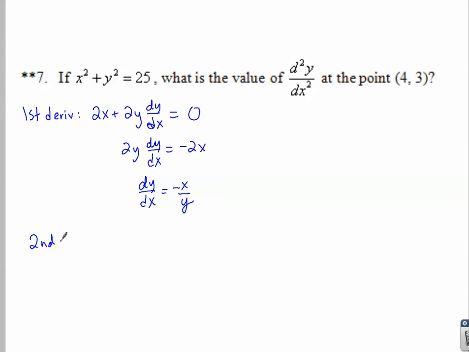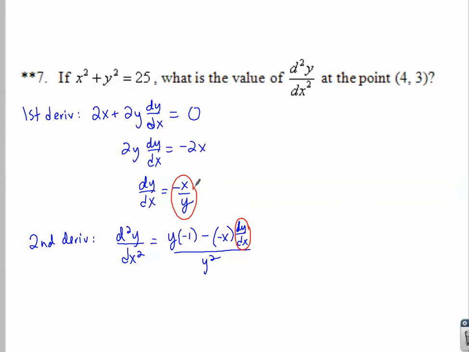Now, second derivative. Derivative of this side is d squared y/dx squared. Quotient rule here. Denominator, derivative of numerator, minus numerator, derivative of the denominator, dy/dx, over denominator squared. Simplify, and as you simplify, remember we know what dy/dx equals, so substitute.